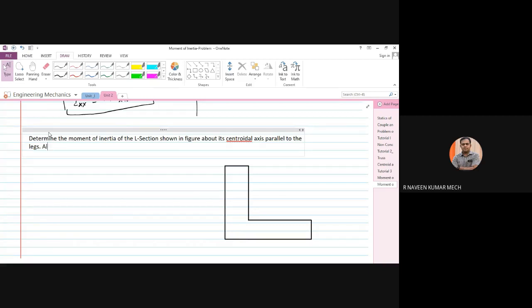Also find the polar moment of inertia, that is Izz. The polar moment of inertia is nothing but Izz.